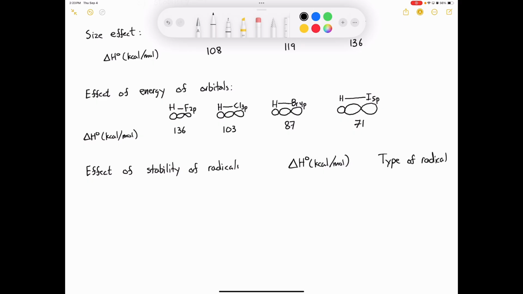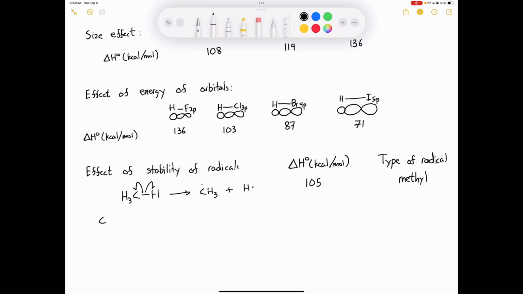All right. So first we have H3C. All right. So if we break this bond homolytically here, we will get methyl radical plus hydrogen atom. Okay. So the amount of energy this takes is 105 kcals. So that's a lot. Okay, and this is a methyl radical. All right.